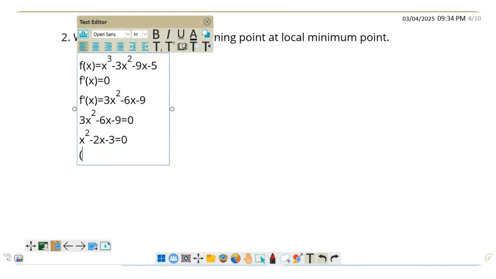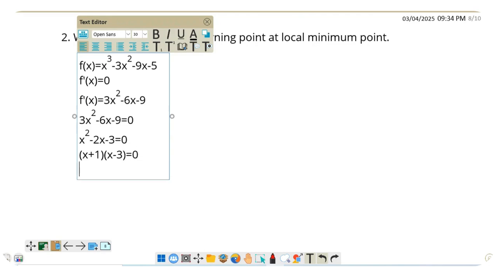So c is negative, so I have one positive and one negative, and I take the factors of 3. So the factors are 3 and 1. So I have x plus 1 and x minus 3 equals to 0.